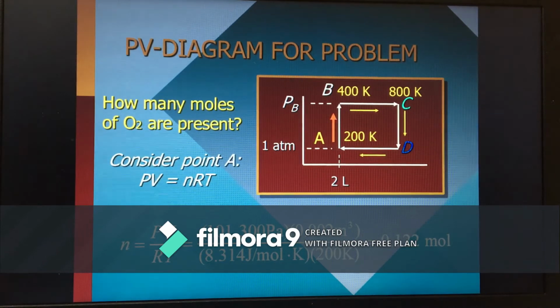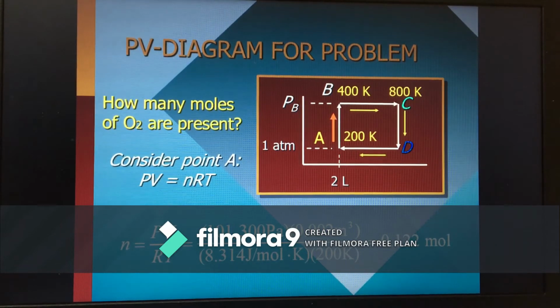So in this formula, when you solve for n, n equals PV over RT, so the volume must be expressed in terms of cubic meters. And from conversion, 1 liter is equivalent to 0.001 cubic meter.